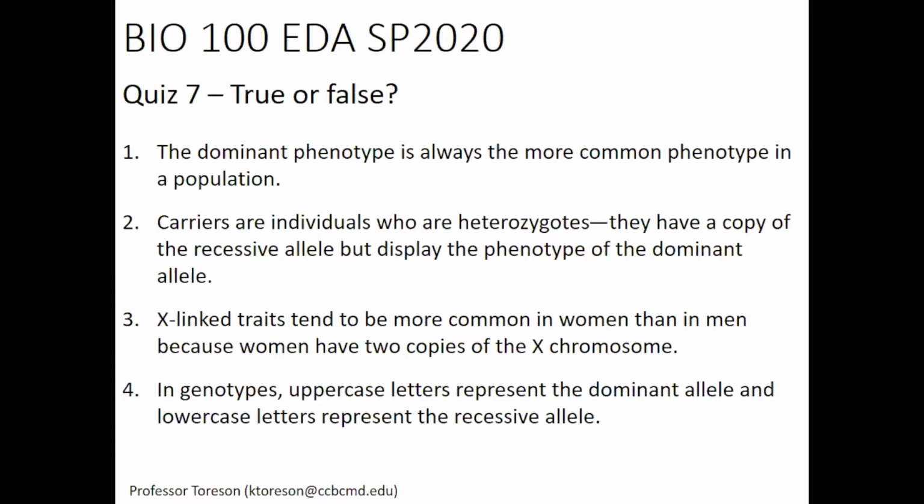Although women have 2 copies of the X chromosome and men only have 1 copy of the X chromosome, X-linked traits like hemophilia and colorblindness tend to be more common in men than in women because men only have 1 copy of the X chromosome and therefore only need to inherit 1 copy of the recessive allele to have that particular condition.